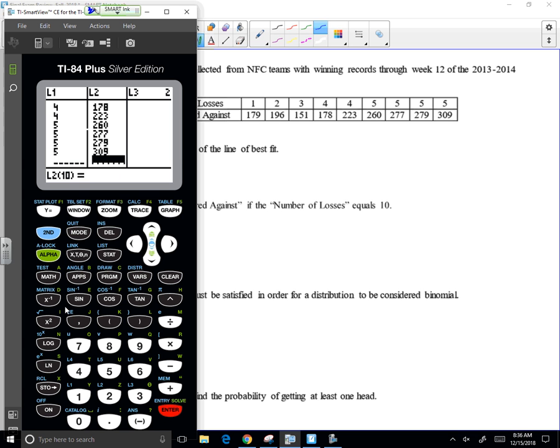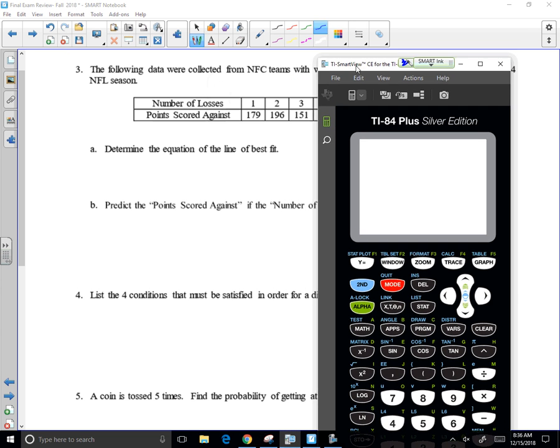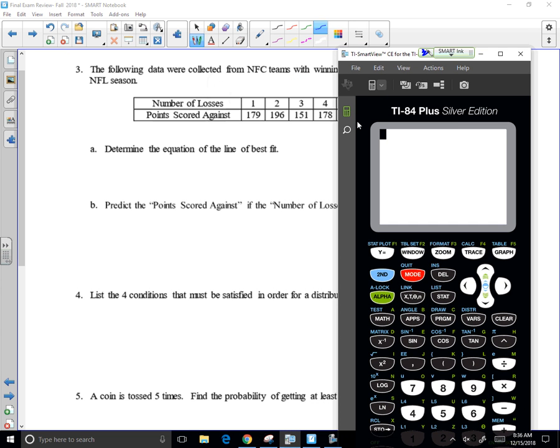All right, double check. All right, data's in. All right, determine the equation of the line of best fit.